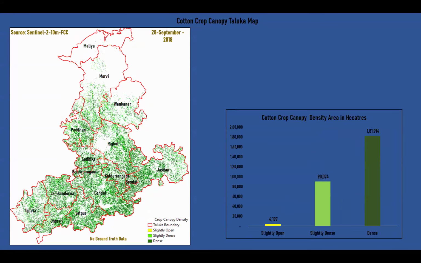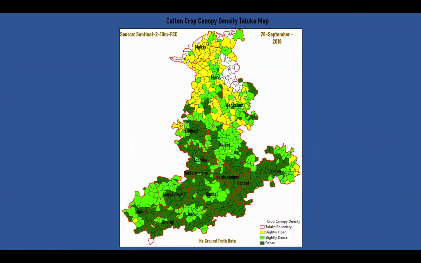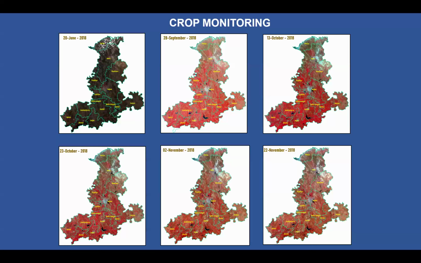Similarly, for crop canopy density, how the crop is behaving might be because of different varieties being used. So again, that can be done. So we have done the health, then sowing, timely sown, late sown, chlorophyll content, and the growth.